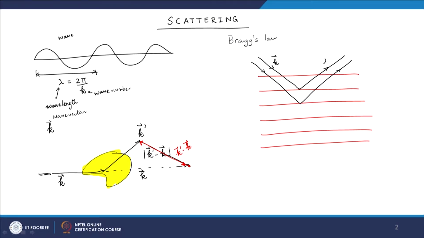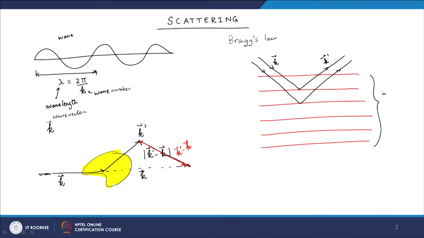So, we have a k here and k prime in return. Now, in practice many things are happening when the light source comes and hits this infinite set of parallel planes, but essentially what matters is how many of them have a constructive interference, and we only look at the final result after the constructive interference.